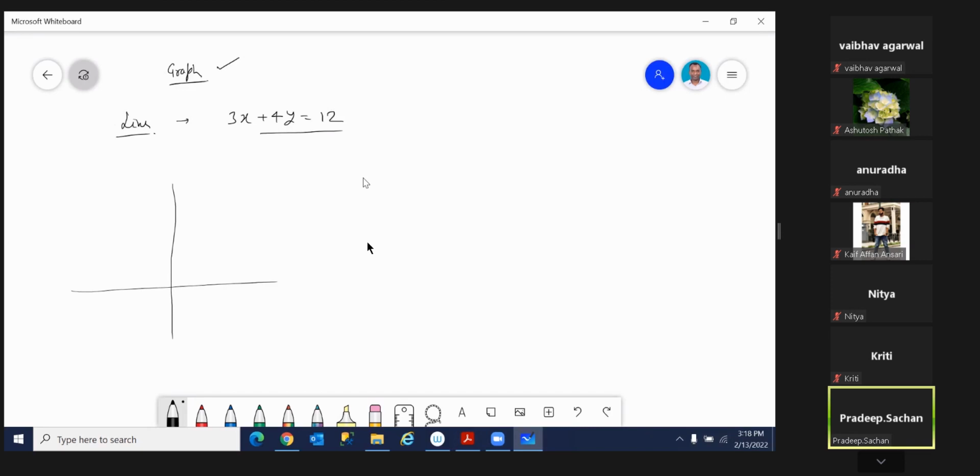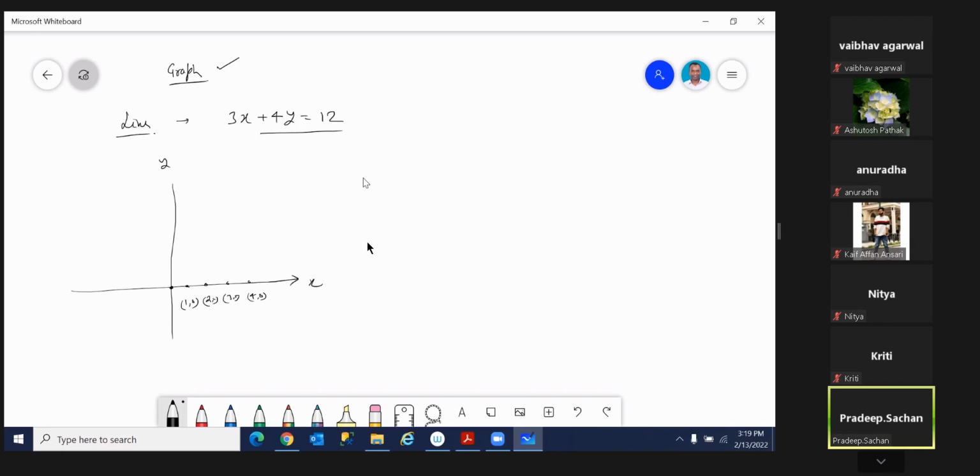So suppose I want to draw a line. So we know XY plane, x-axis, y-axis. X-axis means all the points where y coordinate is 0 will lie on x-axis, like (1, 0), (2, 0), (3, 0), (4, 0).